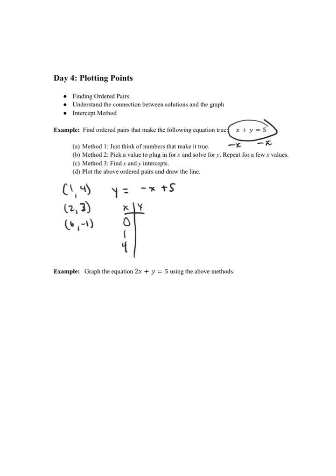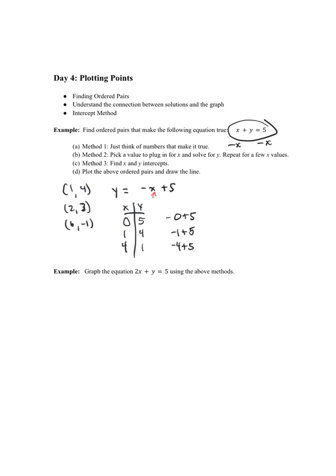You could just pick different numbers and then evaluate. So -0 plus 5 would be 5, right? Or if you did -1 plus 5, that would be 4. Or if you did -4 plus 5, that would be 1. And so we can get our ordered pairs that way.